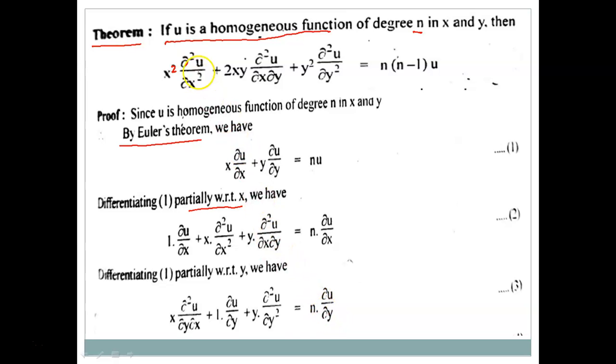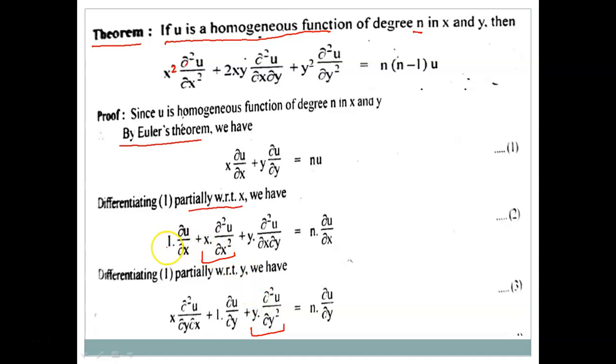Okay, now let us look at the expression which we wanted to prove. Here we are having del square u by del x square, with this you require x square, and del square u over del y square, with this you require y square. So here we are having this part x into del square u by del x square, and here we are having this part y into del square u over del y square. So these two terms give you the clue how we should proceed further.